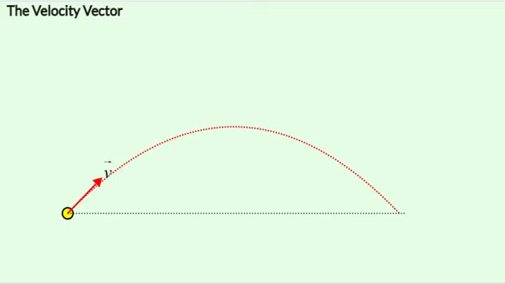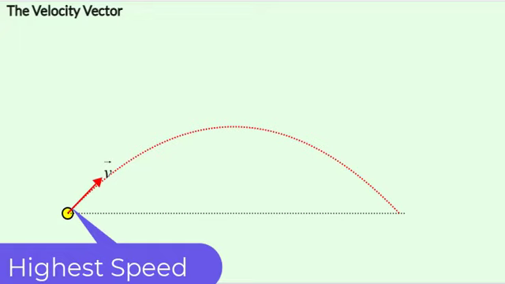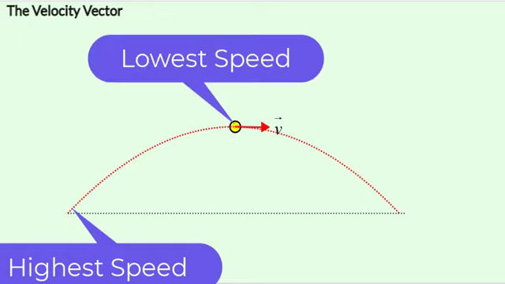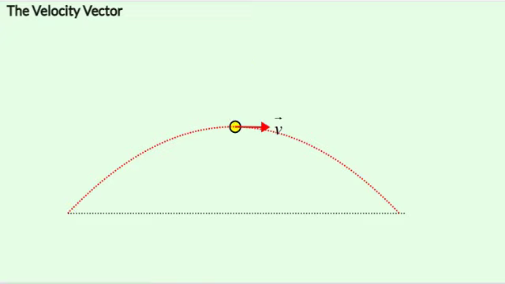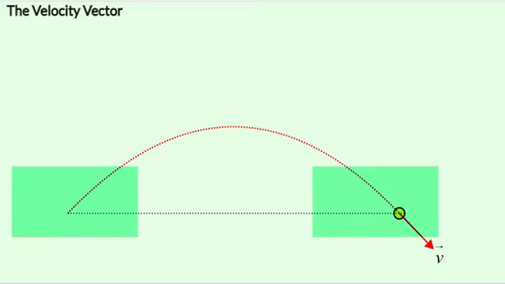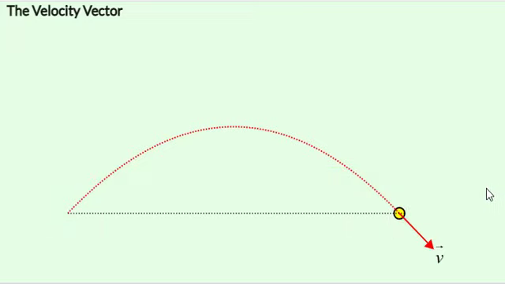So at the launch point, the speed is the highest, and as it reaches the very top, the speed is the least, but is not 0. Again, as the projectile falls, at the landing point, its speed is the same as that at the launch point, provided the launch and landing are in the same horizontal plane.